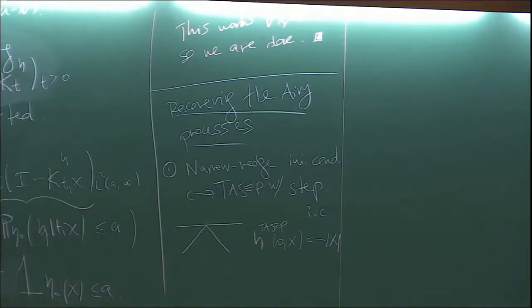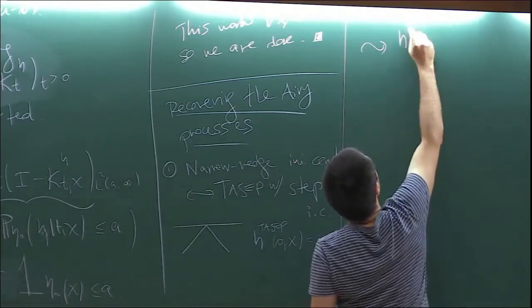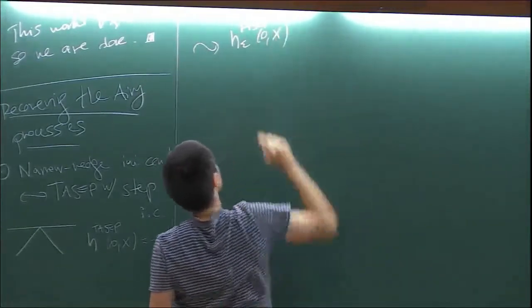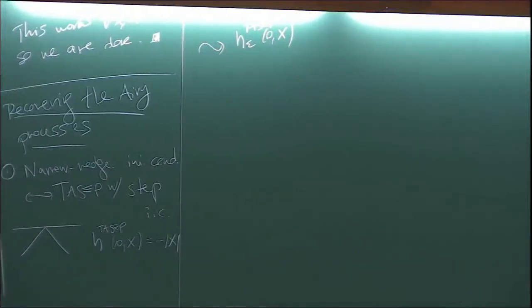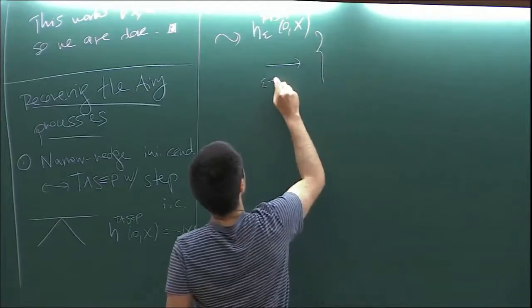And now you rescale this diffusively in the way we've been doing. When you do that, it's very easy to see that this wedge, as you take epsilon to 0, starts getting narrower and narrower. So in the end, H TASEP rescaled, that's the notation I was using yesterday, goes to the following function as epsilon goes to 0.